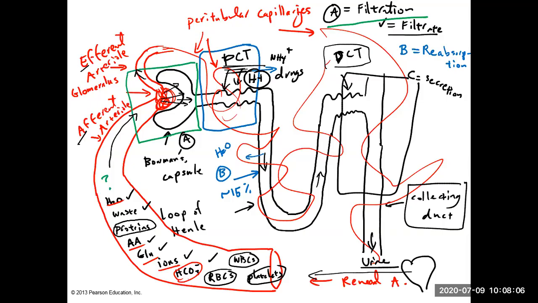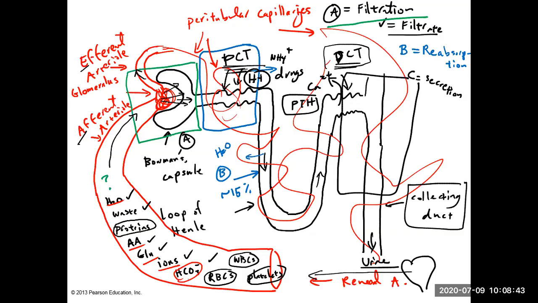Remember, in the DCT right over here, you have calcium reabsorption, and you need parathyroid hormone for that. We discussed parathyroid hormone earlier, a similar concept, but that's what is happening in terms of the uptake. These are channels in the apical membrane, and it is a passive process.